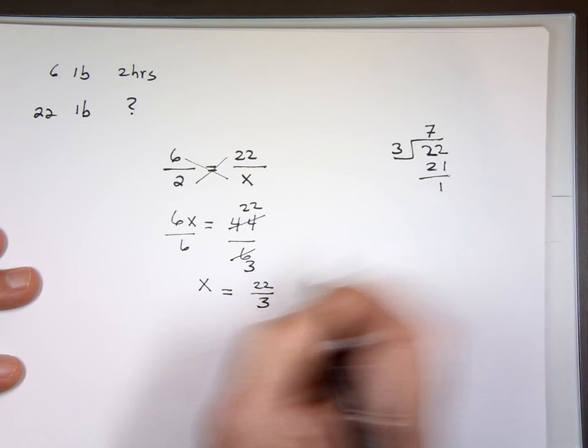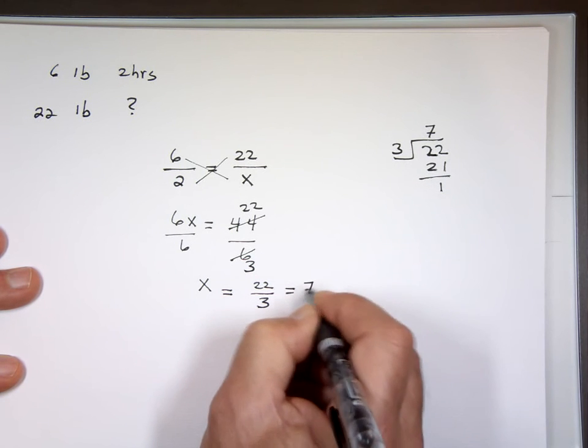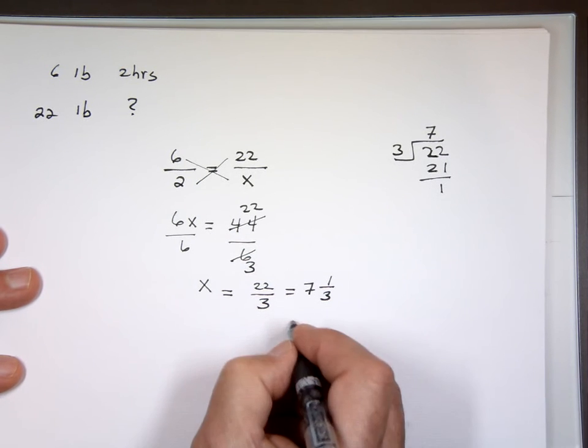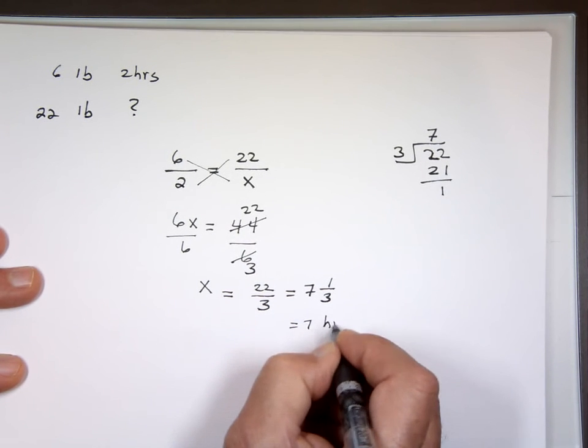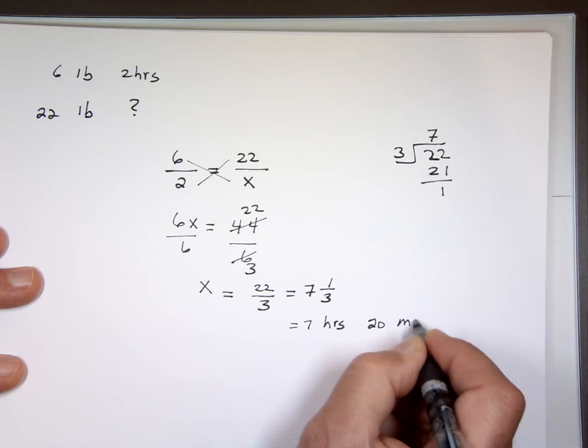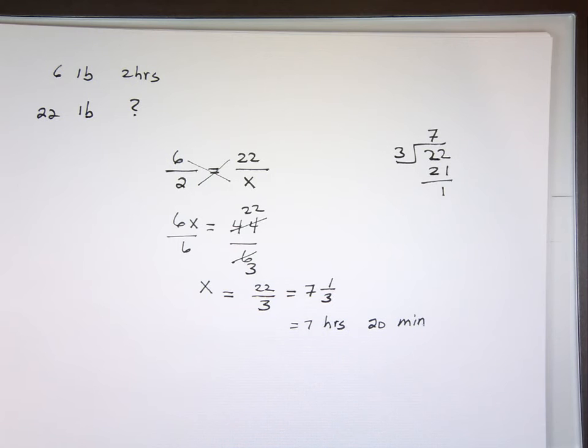So 7 and 1/3 of an hour. What is a 1/3 of an hour? Isn't that 7 hours and what? How many minutes? 20? The hour has 60 minutes. A third of that is 20 minutes. So 7 hours and 20 minutes. So now you know what time to get up in the morning to put it in the oven.